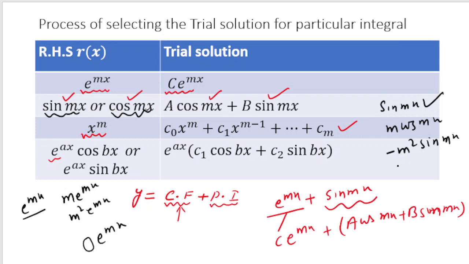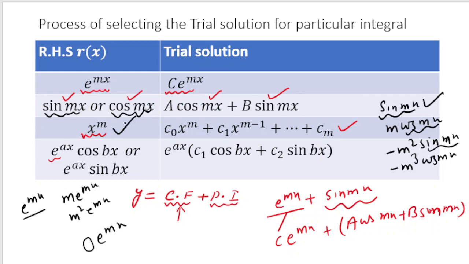I differentiate it again, I will get minus m cubed cos mx. So as you can see, no matter how many times you differentiate sine, the only expected outcome is either a cos term or a sine term. That is why when we are writing the trial solution, we take the combination of both the possible derivatives for sin mx or cos mx.